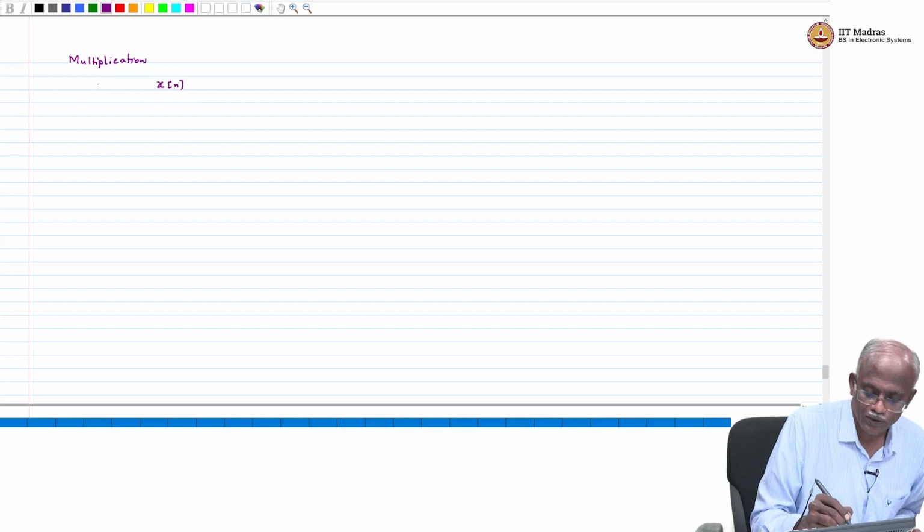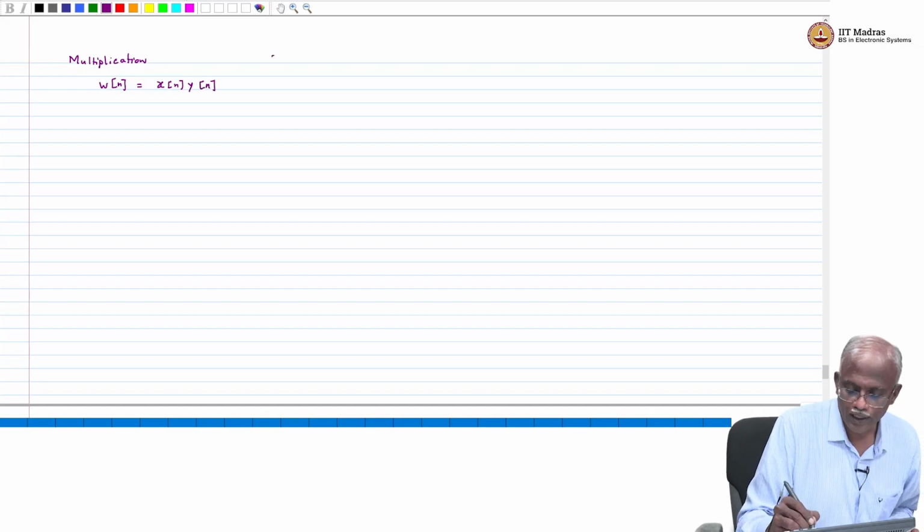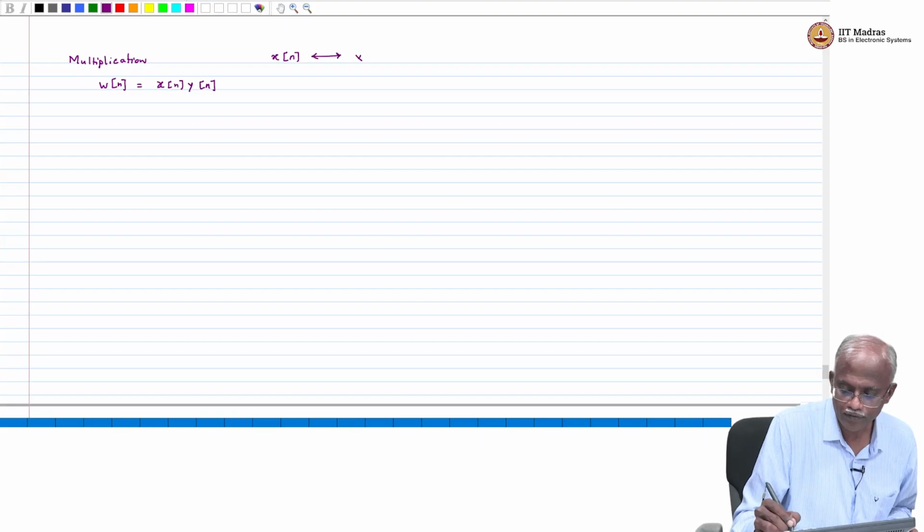So let's call a new sequence w of n equal to the product of these two sequences, where x of n has got a discrete time Fourier transform given by X e of j omega, and y of n has got a discrete time Fourier transform given by Y e of j omega.